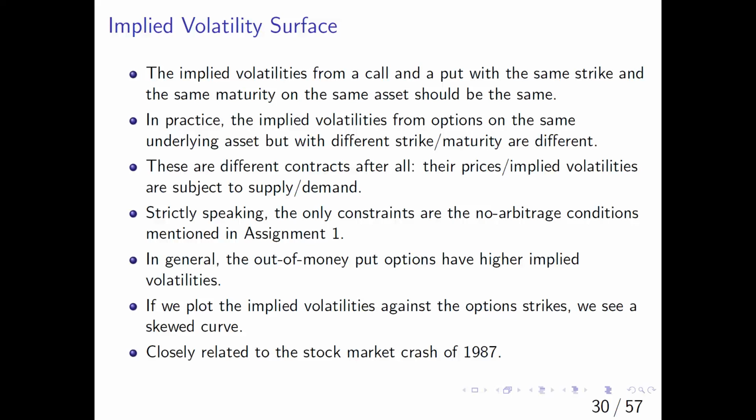For example, if everybody rushes to buy the short-term options, why? Because in the short term, there is an earnings report. There is huge uncertainty around this earnings report, so everybody wants to buy options to hedge their risk.